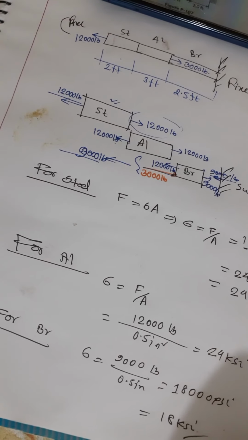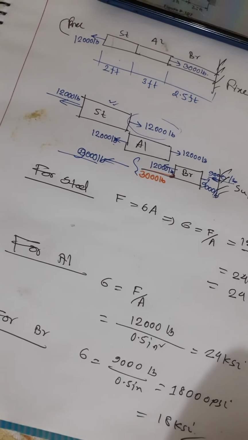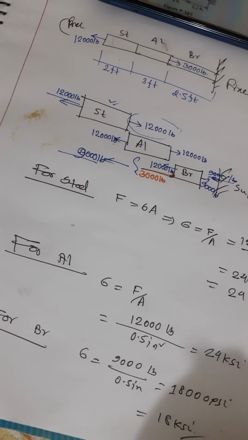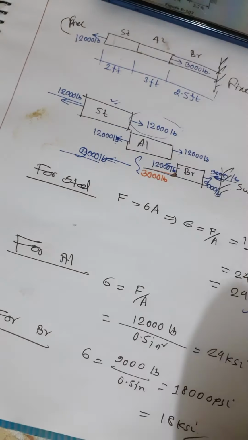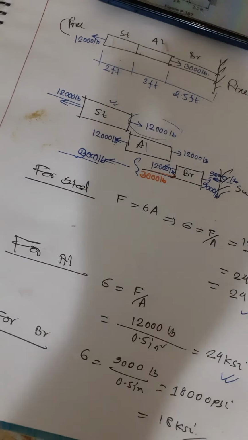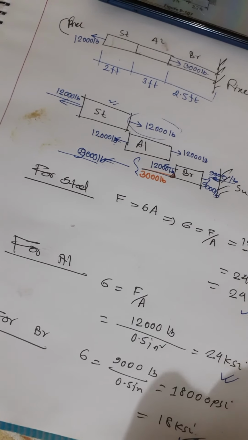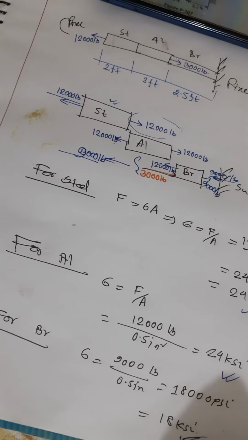So stress in every section is now known. We got stress in steel is 24 KSI, stress in aluminium is 24 KSI, and stress in bronze is 18 KSI.